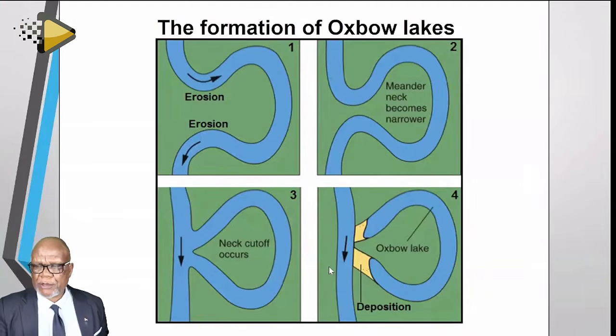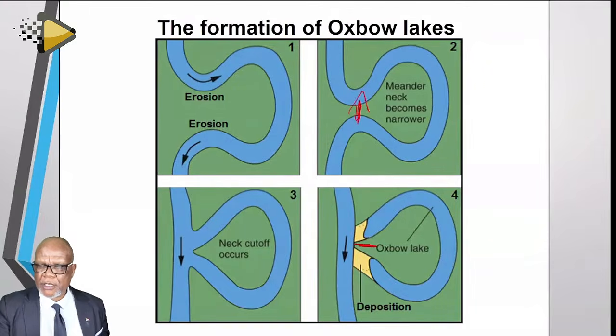Sometimes the examiner can ask you, where will the meander scar, where will the oxbow lake be more likely to form? At 1, 2, 3, or 4, and you can say it's more likely to form at 4. Why? Because of the meander neck. This is the meander neck.